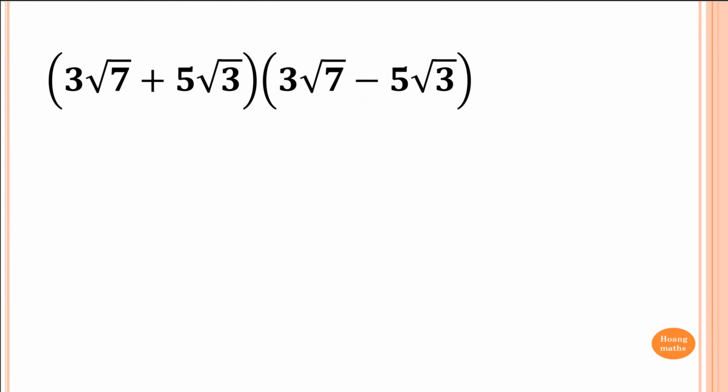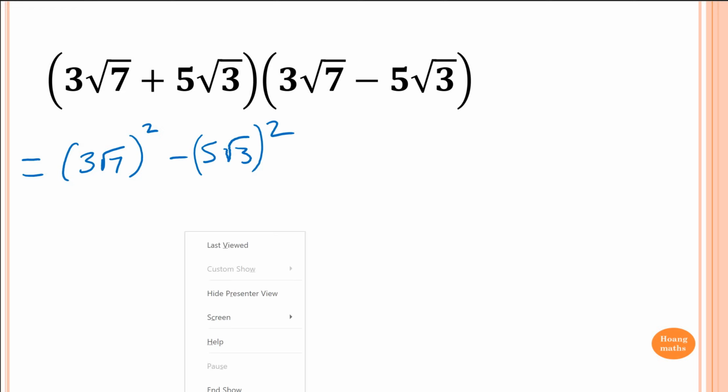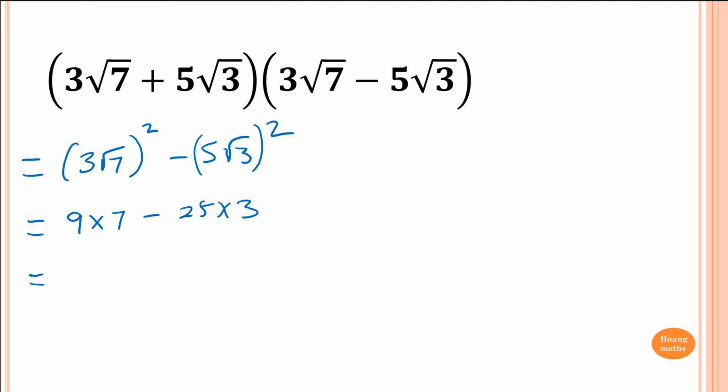Okay, this last one here. What you do, same thing, difference of 2 squares. So 3 root 7 all squared minus 5 root 3 all squared. So 3 squared is 9, root 7 squared is 7. So 5 squared is 25, and then times root 3 squared is 3. Then 9 times 7 is 63 minus 25 times 3 is 75.